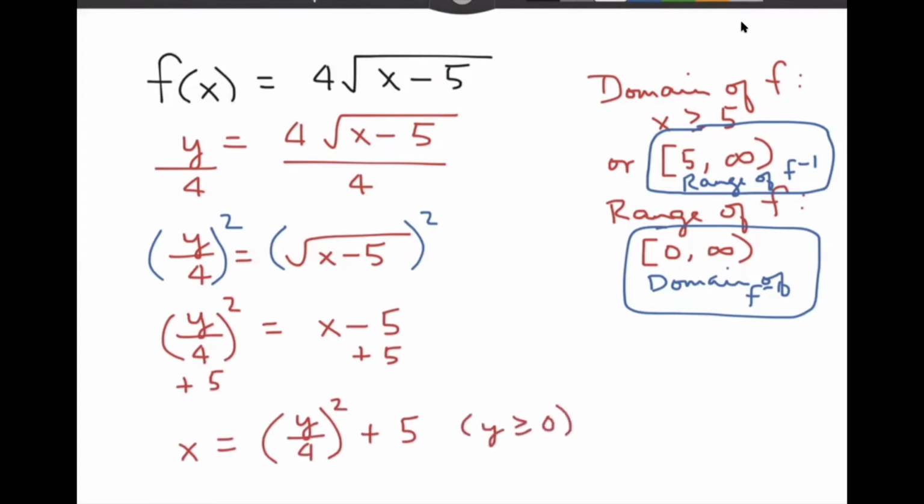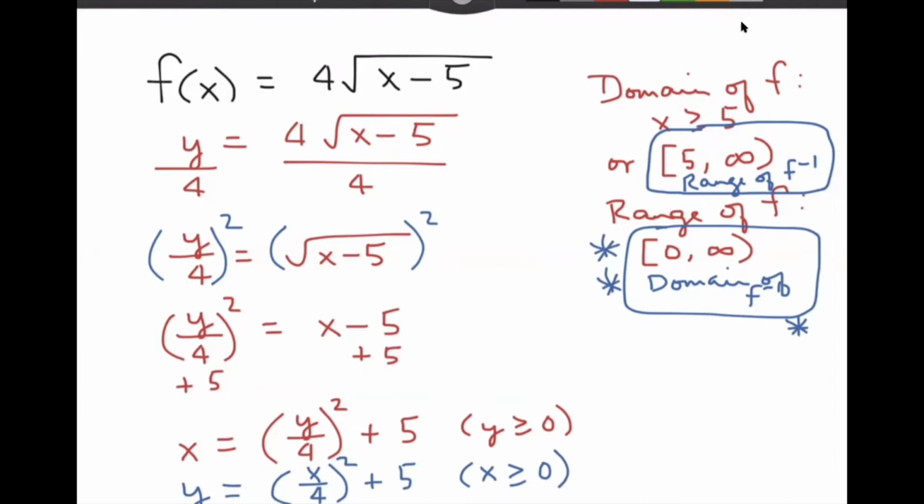And now when I interchange x and y, which is the second step of finding the inverse function, and maybe I'll do this in blue, you get y equals x over 4 squared plus 5, where x is greater than or equal to 0, which goes along with, remember this? We found earlier that the domain of f inverse is the interval from 0 to infinity, all right?